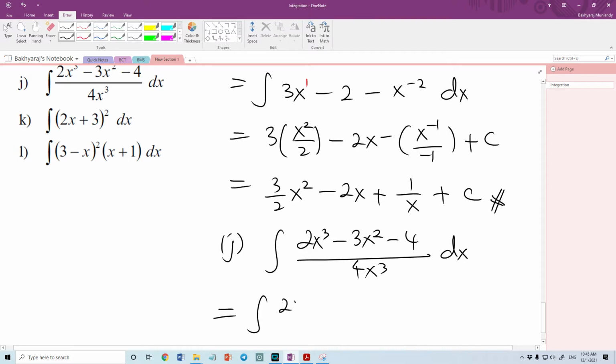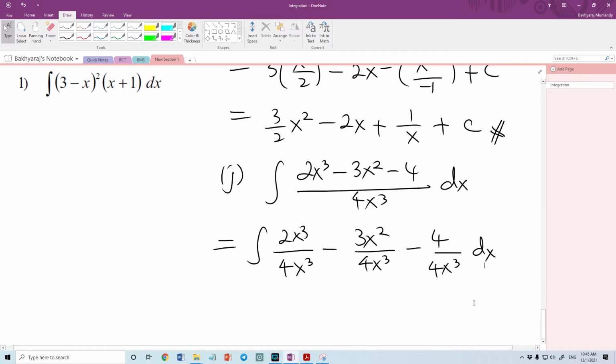Okay, 2x power of 3 divided by 4x power of 3 minus 3x square divided by 4x power of 3 minus 4 over 4x power of 3 dx. So here I can simplify this, x cancel with x.